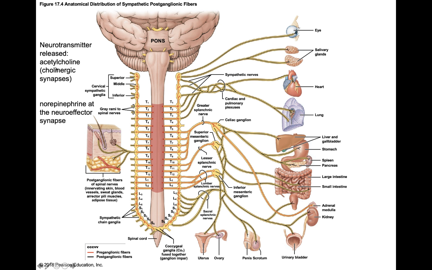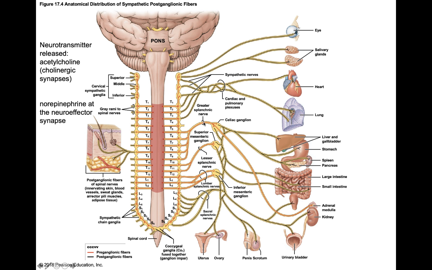Since it's releasing acetylcholine, it's known as cholinergic. So acetylcholine is being released in the sympathetic chain ganglion here, or wherever it's synapsing onto the postganglion neuron. That's the first one. Now let's say the action potential is being sent out. The action potential travels through the preganglion.